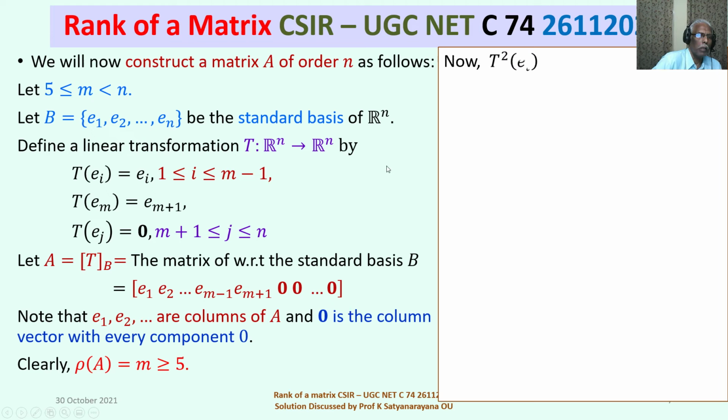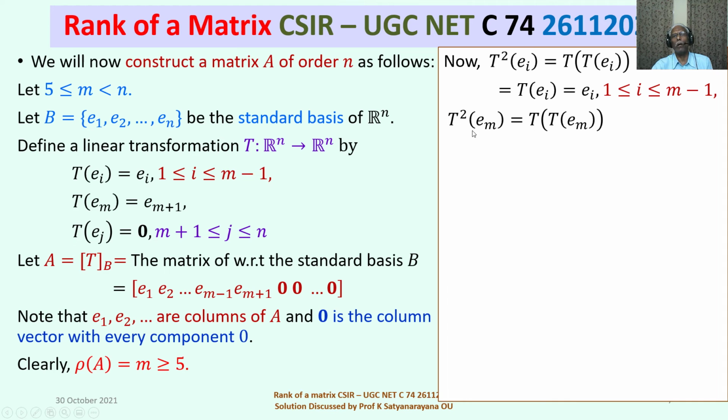Now we will talk about what the matrix A squared will be. So we take T and talk about T squared. T squared of e_i is T of T(e_i), and T(e_i) is e_i, so T squared of e_i is equal to e_i for i = 1 up to m-1.